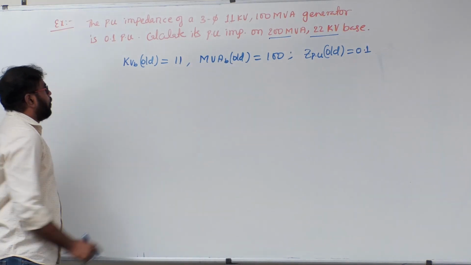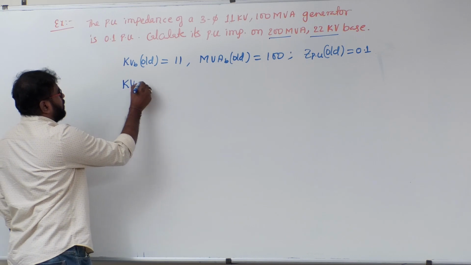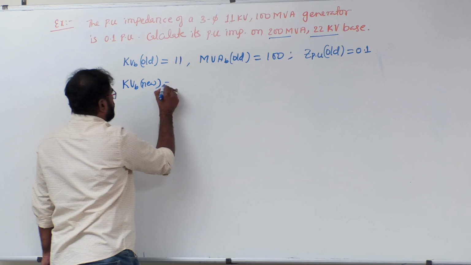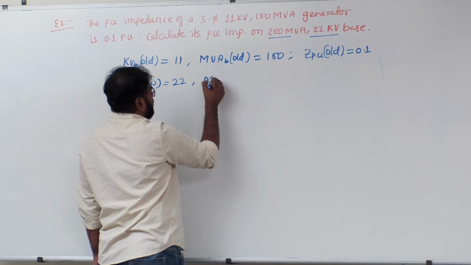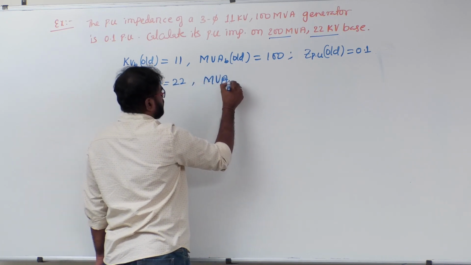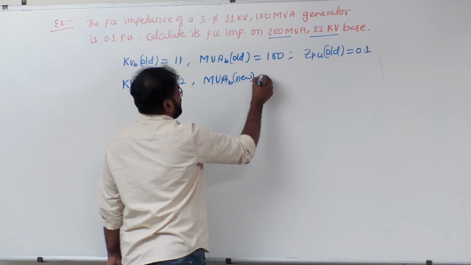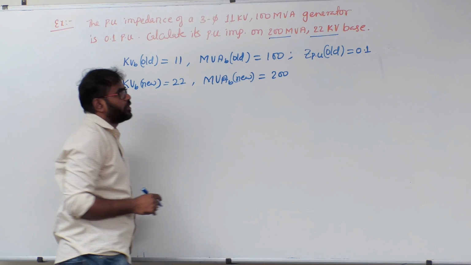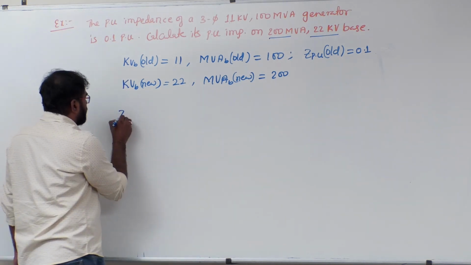Okay. Now, what is KVB new? 22. What is MVAB new? That is 200. Now we need to calculate what is Z per unit new. What is the Z per unit new formula?